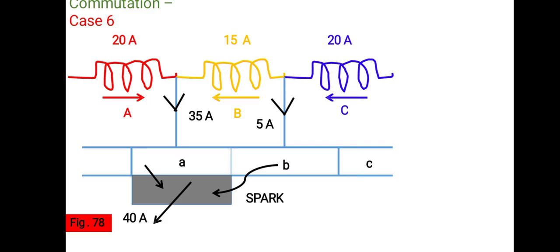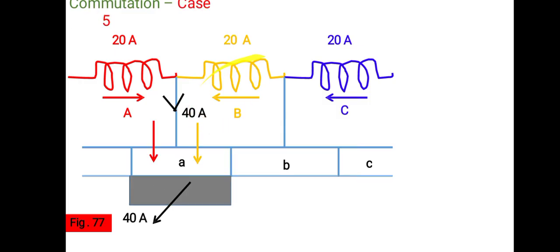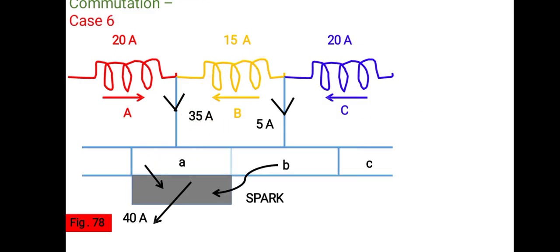In that case, some amount of current will take this path, and it occurs as a spark. So we have to improve the commutation. For example, here in that 40 amps, maybe 5 amperes is flowing as a spark.